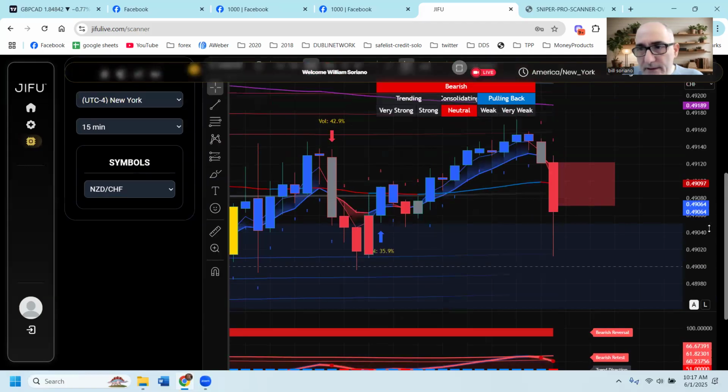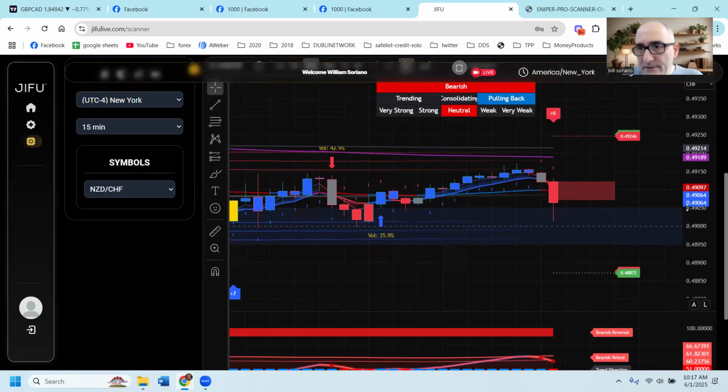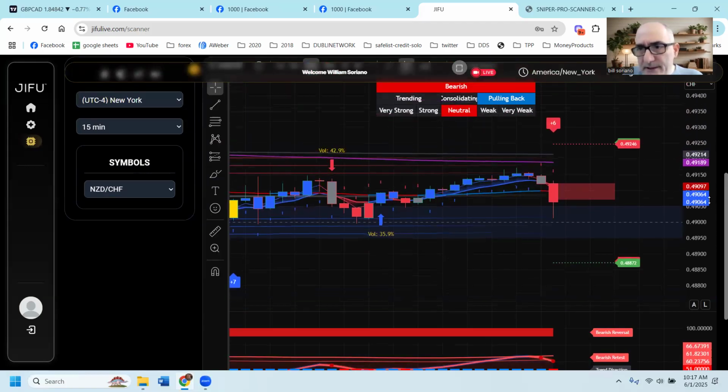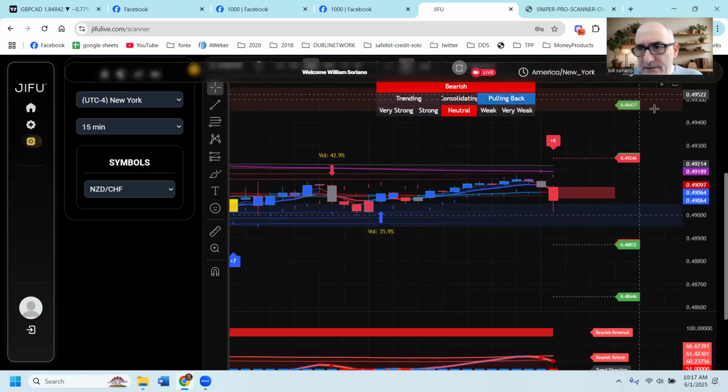Okay, this one, the indicator's a little bit off here. It's giving us something up here, but this is a +6. It's a bearish trade here. The 4-hour was bearish when I looked at TradingView. There's something wrong with the indicator here.